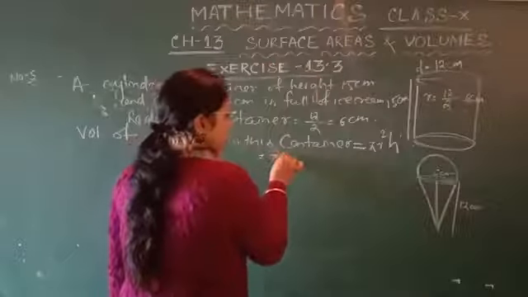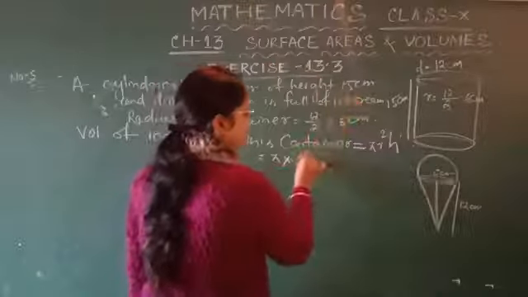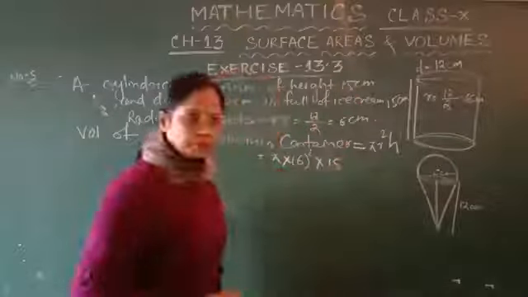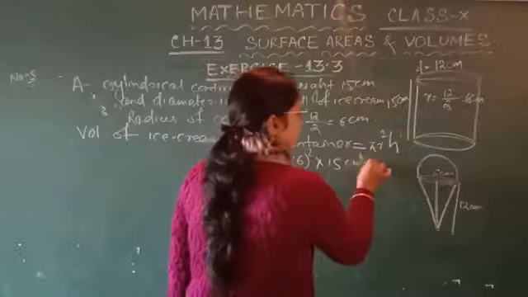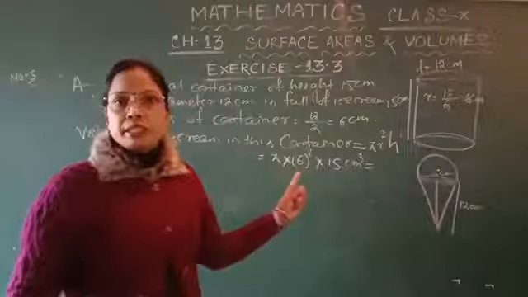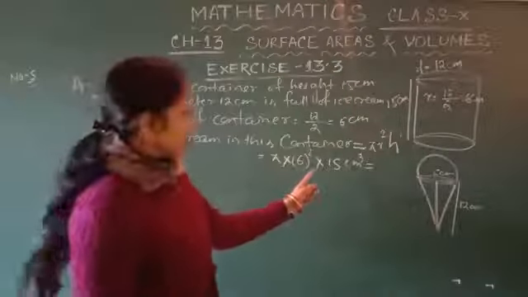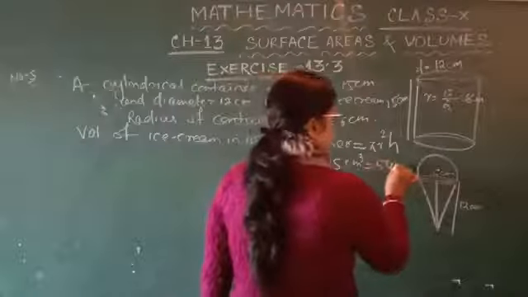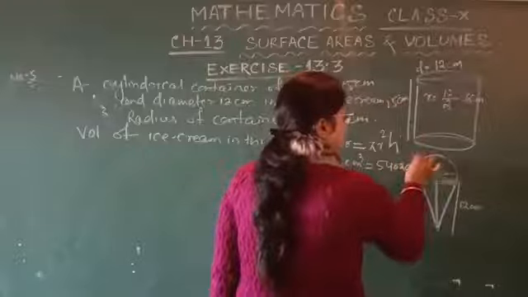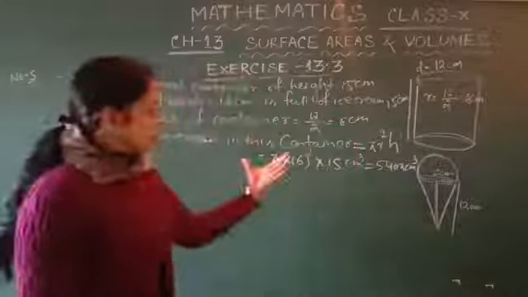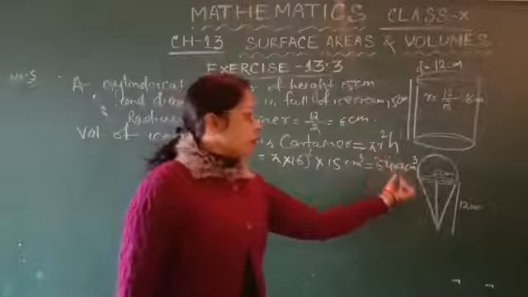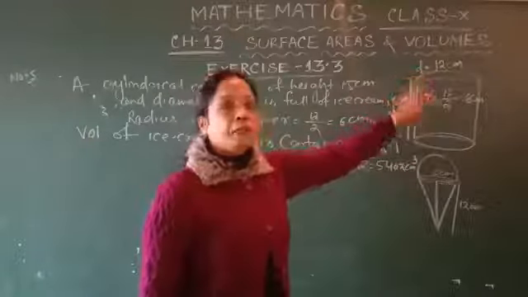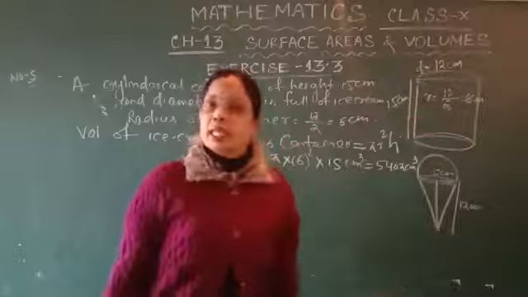That is pi into 6 square into 15 centimeter cube, that is 36 into 15, equal to 540 pi centimeter cube. So this is the volume of ice cream in this cylindrical container.